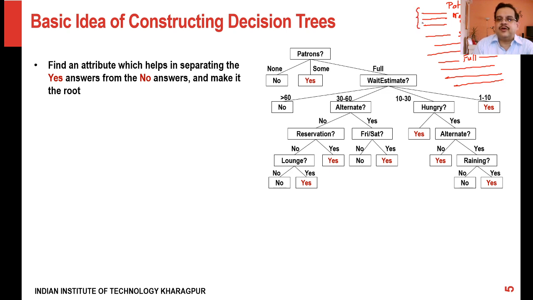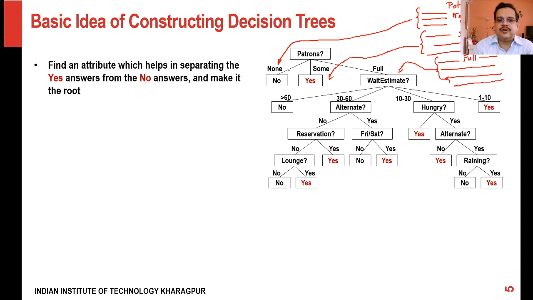Now all these rows will be used here in this node. All these rows will go into this branch, and the ones corresponding to full will go into this branch.